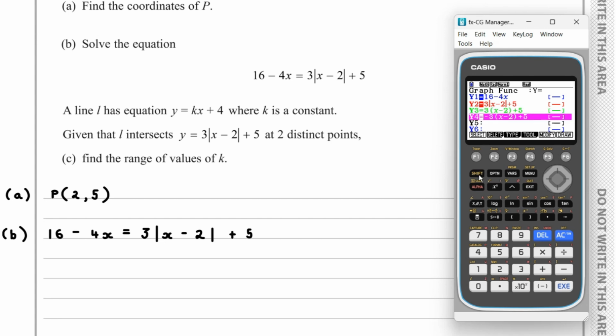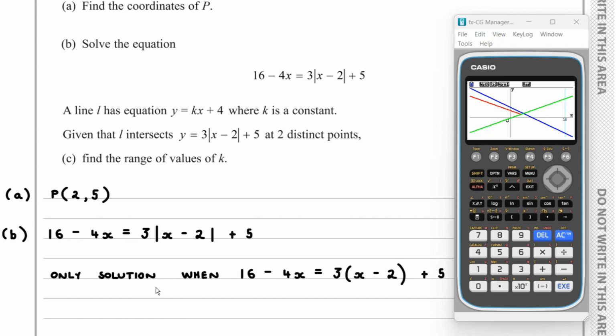So if we deselect this, and then select this, here is the intersection point we're after.